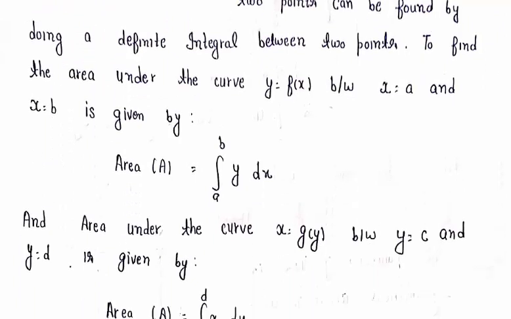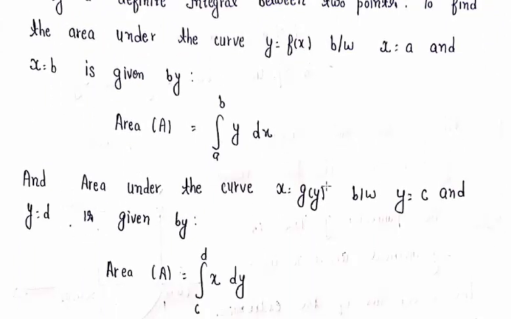If our curve is x equals g(y) and y varies from c to d, then the area is given by the integration from c to d of x dy. So, this is our formula if the curve is given in terms of y and limits for y are given.